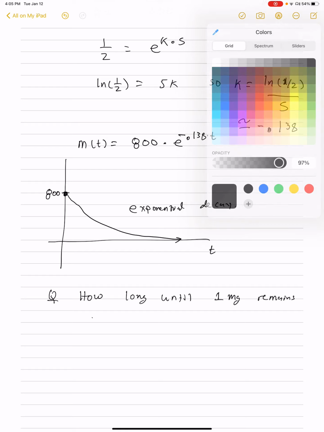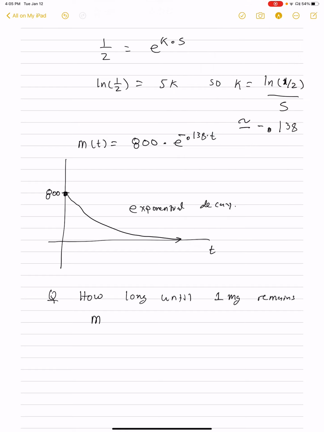So we set the mass equal to 1 milligram, and the mass is given by 800 times e to the minus 0.138 times t is equal to 1, and we're going to solve for t.